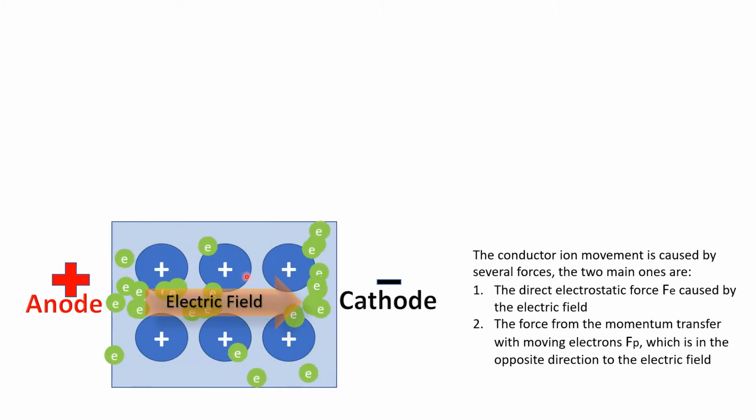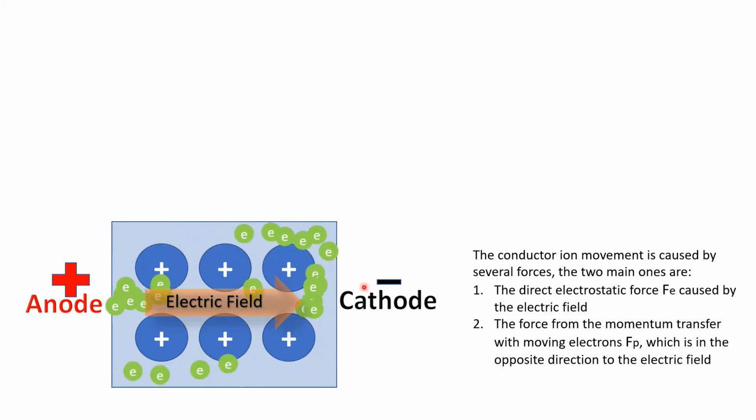Because of their movement, they are also pushing the ions, but since the electrons are moving towards the anode, because of their momentum they are pushing these ions towards the anode. So the electric field is pushing the ions towards the cathode and the electrons are pushing the ions towards the anode.